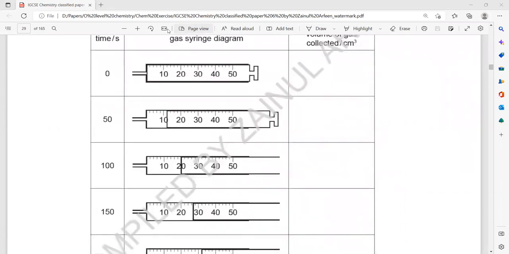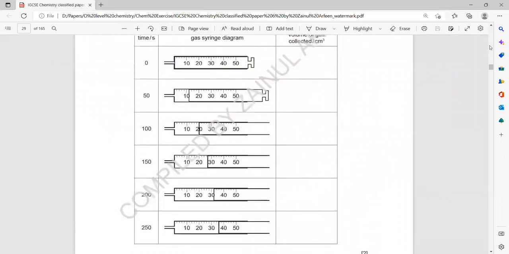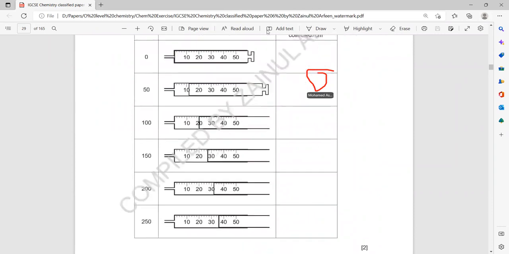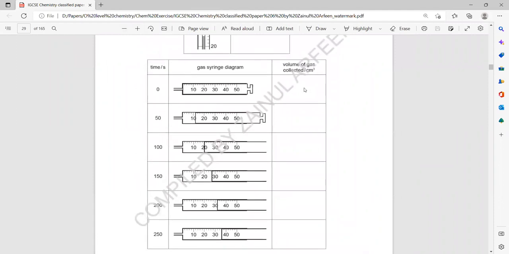The next part, we have to measure the volume of the gas. Just a minute, I will arrange the screen and then you will use screen annotation to complete the volume of the gas. The first one is 0. Then 12.